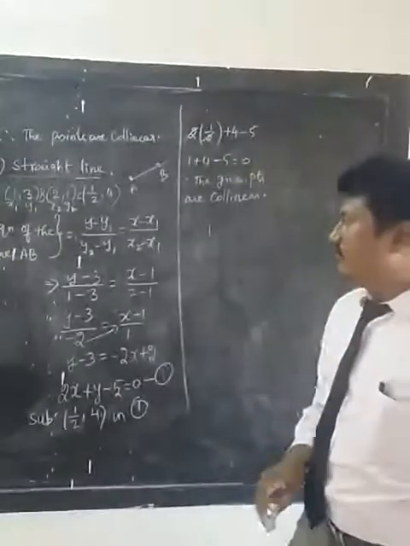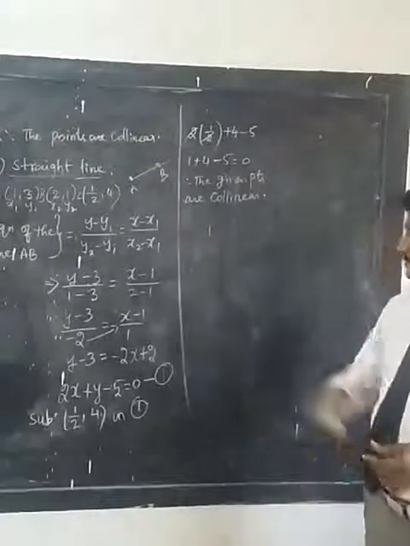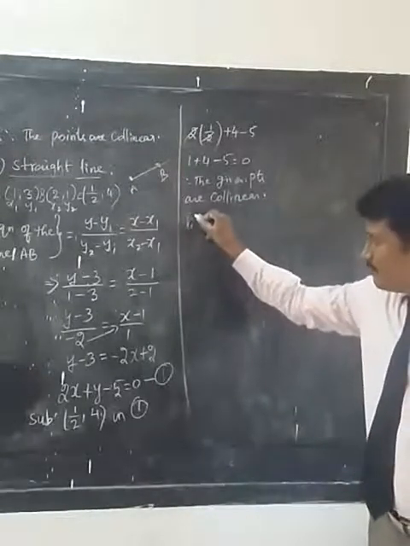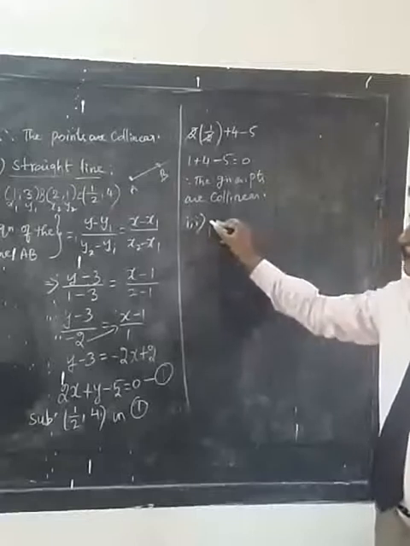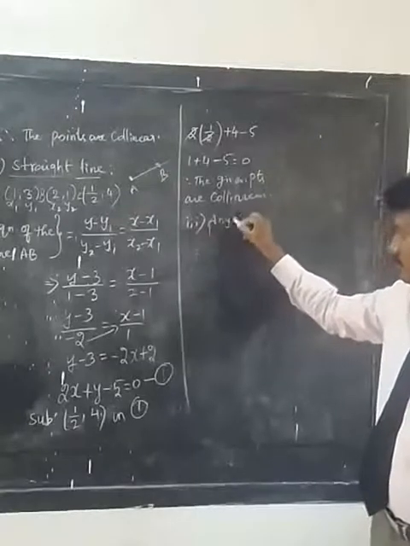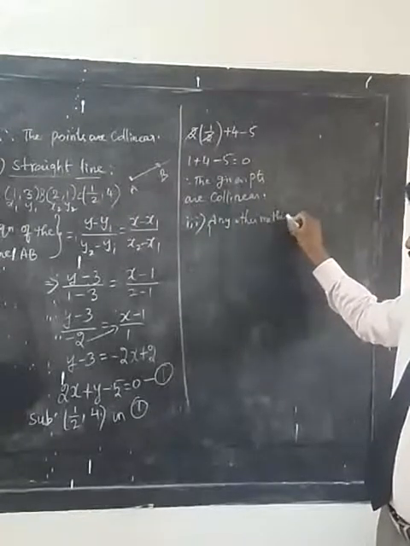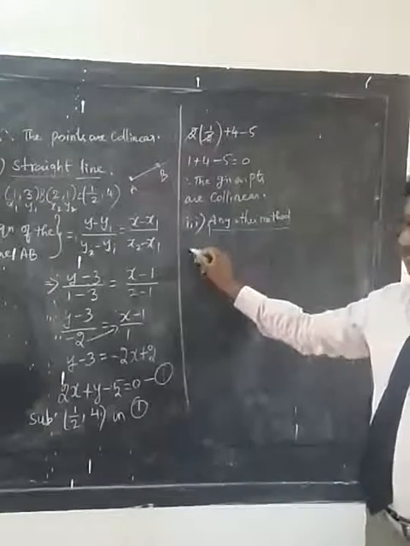So now we will go for the third method. What is the third method? Any other method. So, third, any other method means I am going to use, I will give a heading like this, any other method. But the method we are going to use is the area of triangle formula.